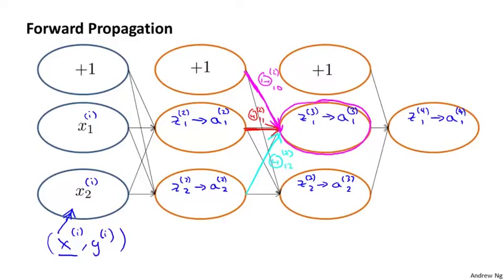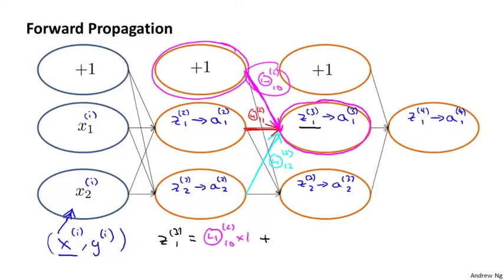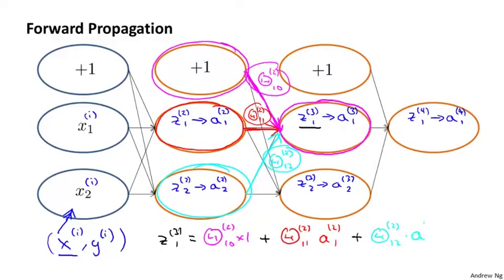So the way we compute z^(3)_1 is the magenta weight times this value, theta^(2)_10 times 1, plus the red weight times this value, theta^(2)_11 times a^(2)_1, and finally the cyan weight times this value, plus theta^(2)_12 times a^(2)_2. And so that's forward propagation.